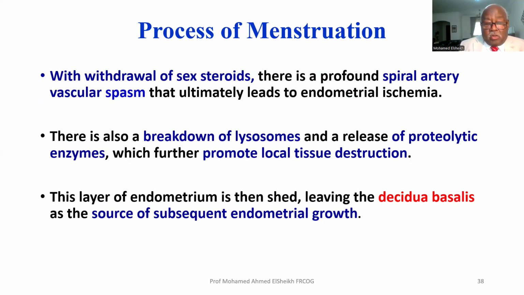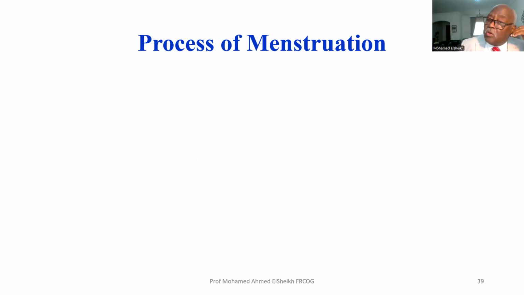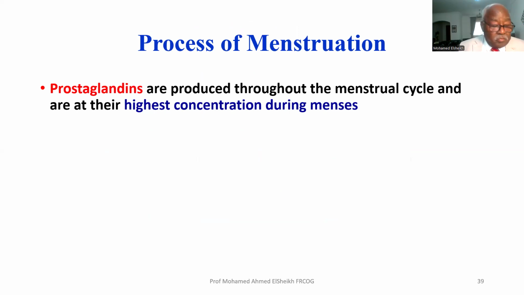In the secretory phase, this layer of endometrium is then shed, leaving the decidua basalis as the source of subsequent endometrial growth, as we have mentioned. So, due to the changes in the spiral arteries leading to ischemia, then the lysosomes with enzymes lead to destruction of the stroma and the release of all the functional layer, while the basal layer remains for regeneration of the next cycle.